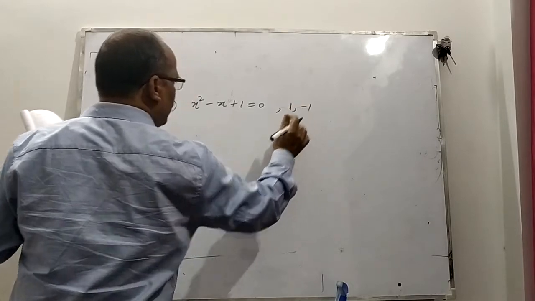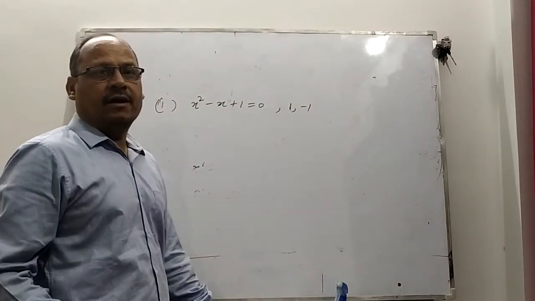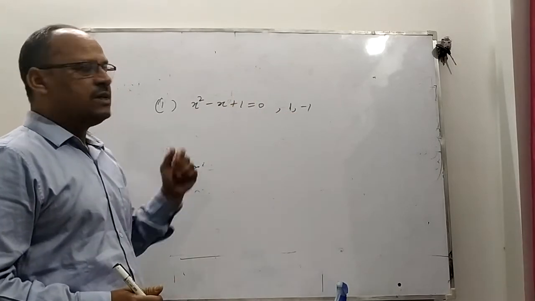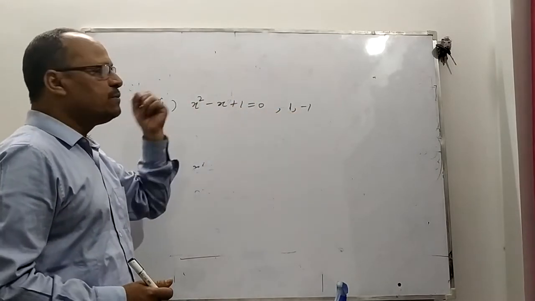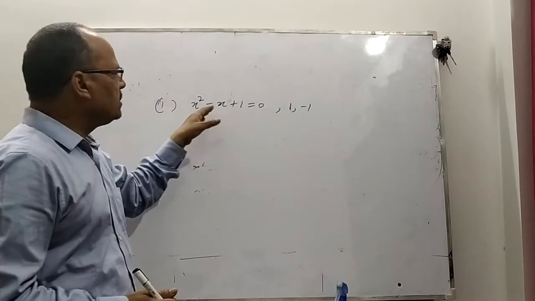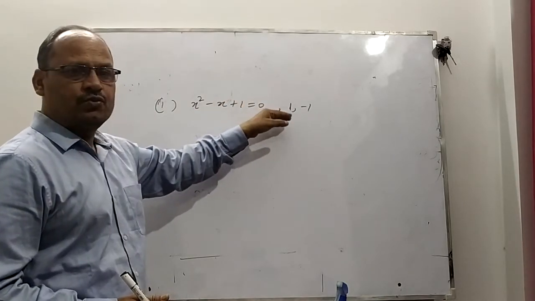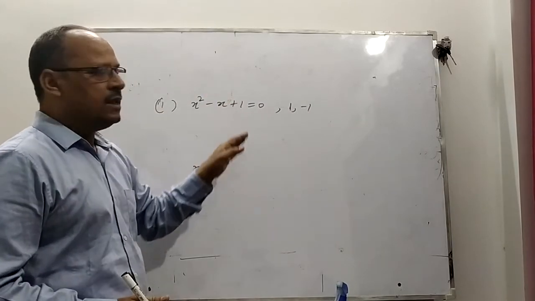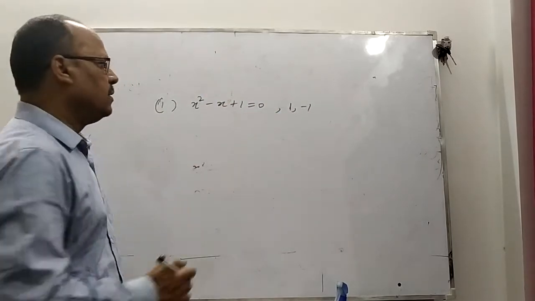Now you have to tell whether these are roots or not. If it is a solution of this equation, it will satisfy this equation. Very simple. You will put the value of x first as 1, then put the value of x as minus 1. If it is satisfied, then both are the roots.